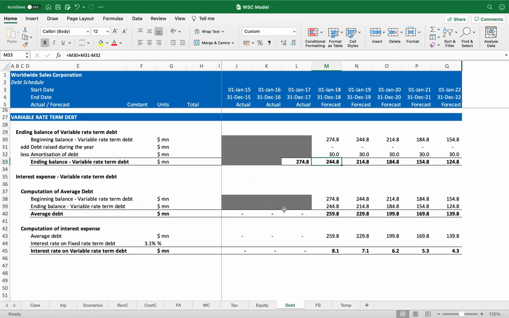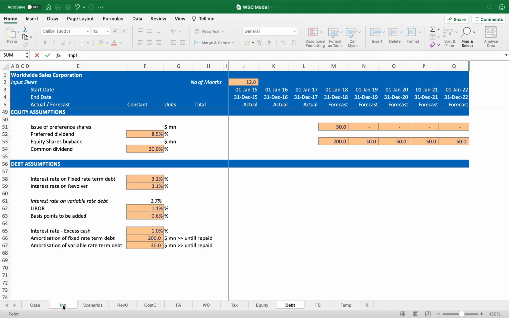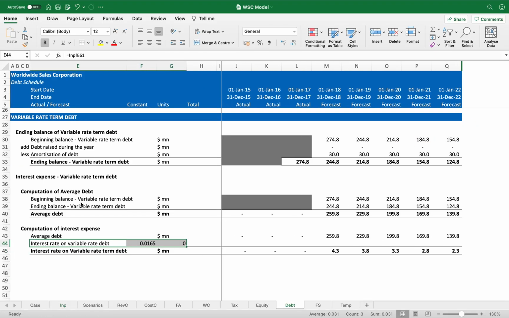Totals are there. Average debt has been computed now, right? So you've computed the average. Just change the interest rate. Interest rate on fixed rate debt was given, and we'll change it to interest rate on variable rate debt. It was 1.7.